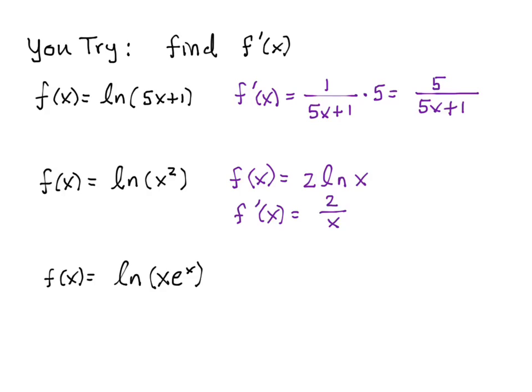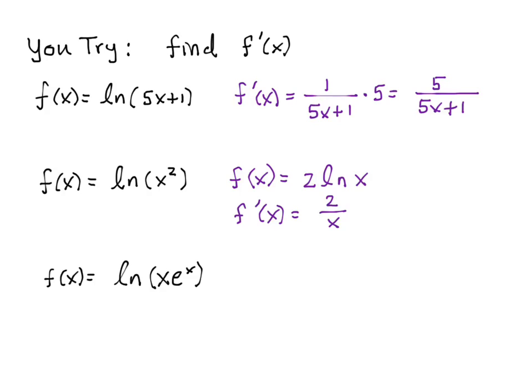So the derivative of this then is going to be 1 over x squared times the derivative of x squared, which is 2x. And so you can see 2x over x squared is going to be 2 over x. So you get to the same place, but it's just simpler if you remove all the exponents first.